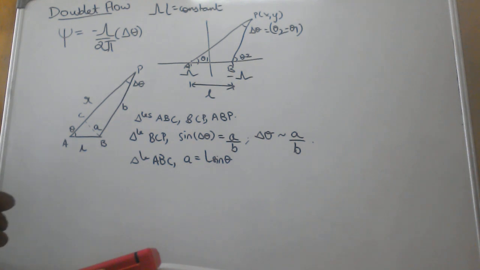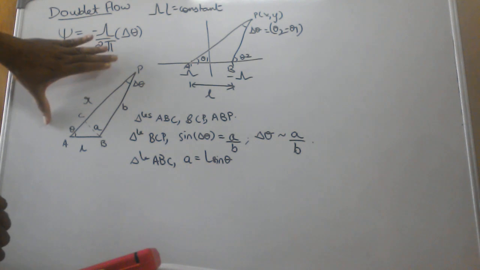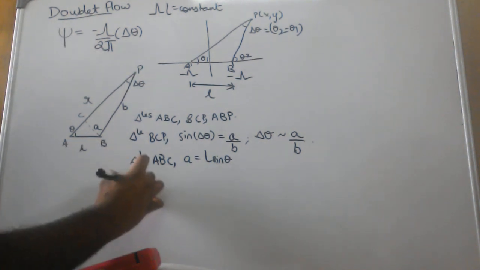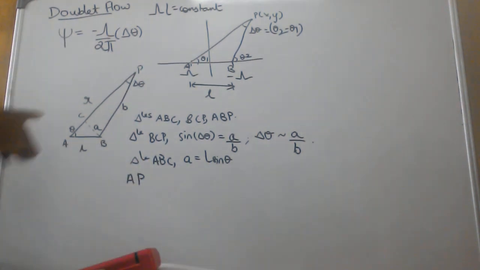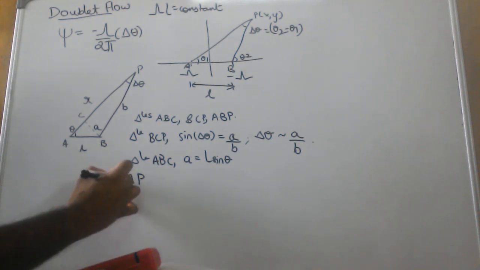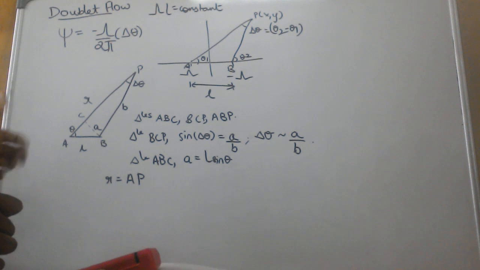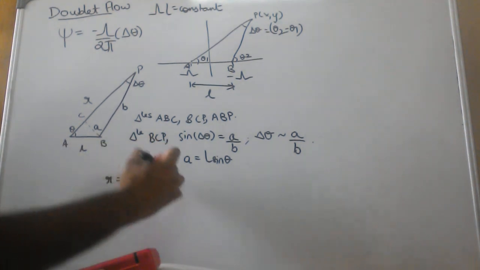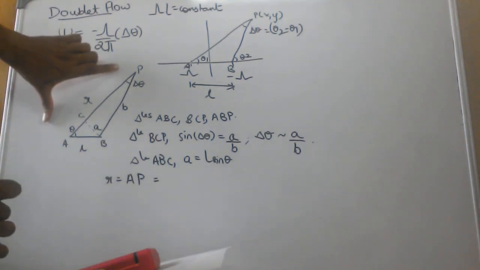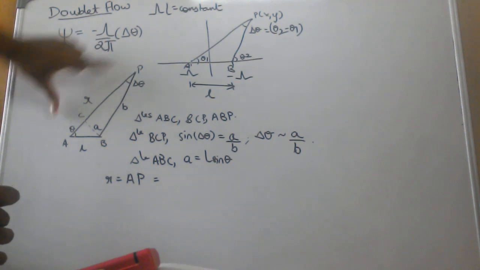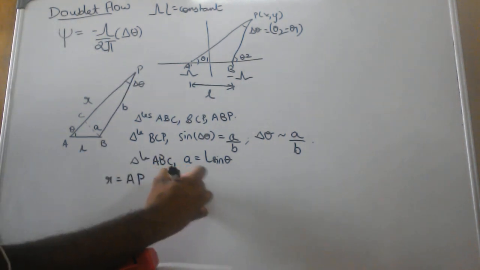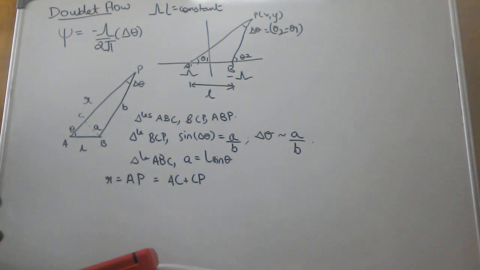Now let's look at the side AP. The length of side AP is R. So R is equal to AP. Now AP can be broken into two lengths, AC and CP, right? So now what is AC?